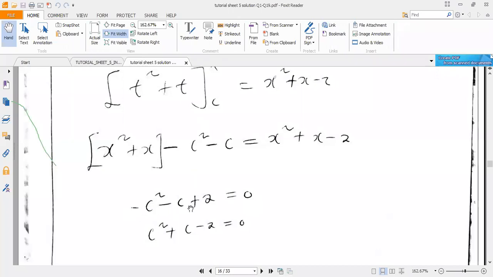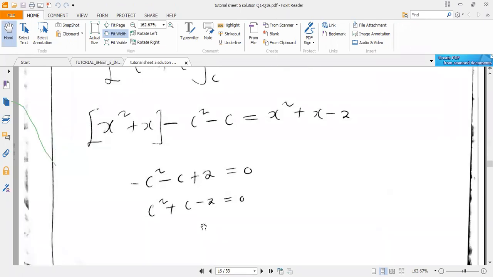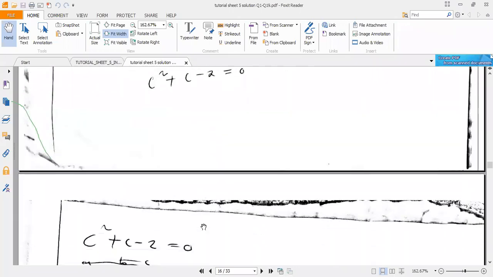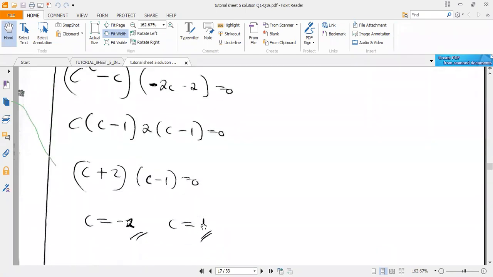Then you can multiply a negative throughout so that you have c squared plus c minus 2 equal to 0. So from there, you can just solve that quadratically, or you can easily find it using the sum and product rule. So your final answer should give you c equals -2 and c equals 1. That's how you solve question 12.